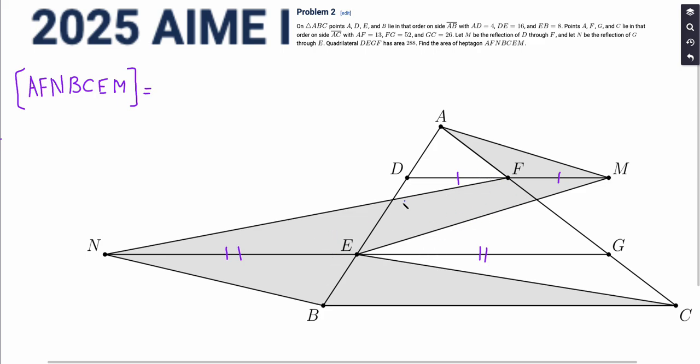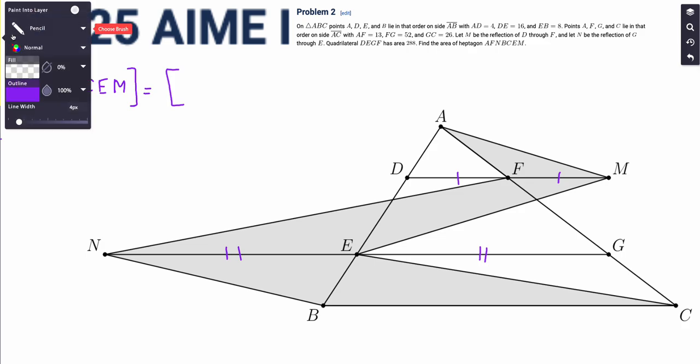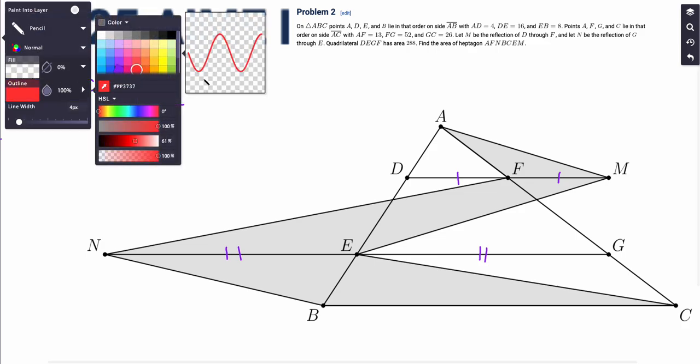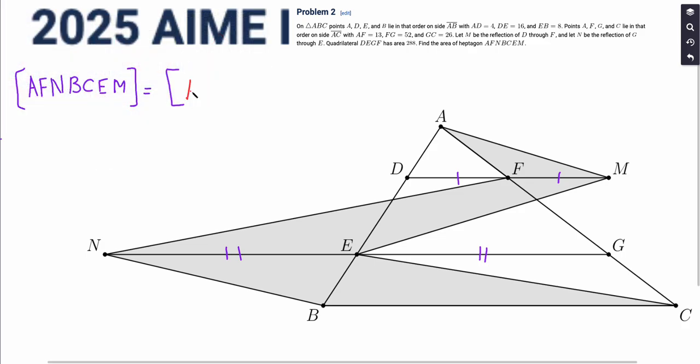And so we can conclude that these areas are the same, and the same thing for this one right here, for NBCE and for EBCG. The bases are equal, the heights are equal, and so we can basically conclude that the area of the heptagon is the same as the area of ABC.